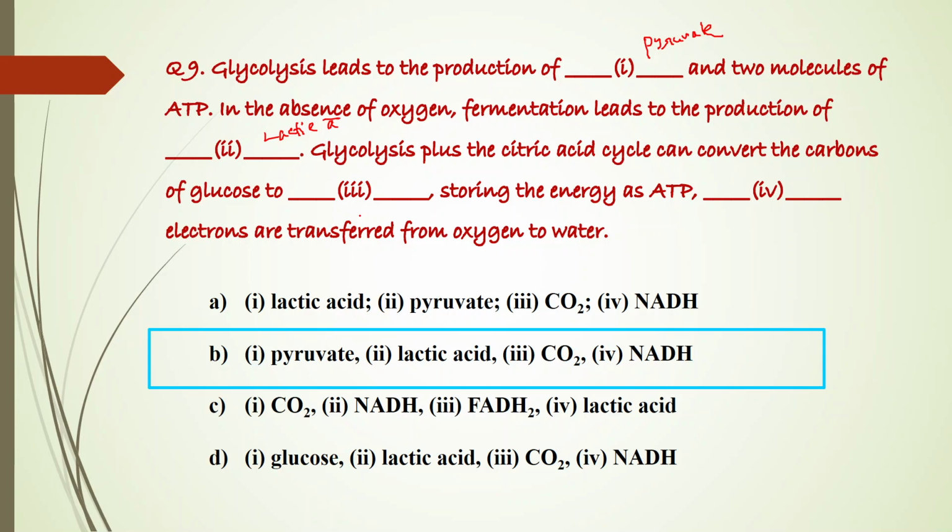That means it converts the carbons of glucose finally to CO2. So this third one should be CO2, and that absolutely matches with the options given in B. Next is, and that stores the energy as ATP. You all know that. There is another blank, that is electrons are transferred from oxygen to water. So what are the electron transfer agents?